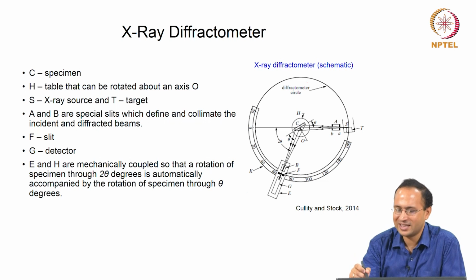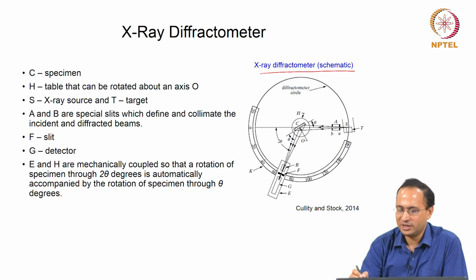Again, let us look at this schematic of an X-ray diffractometer. You basically have this diffractometer circle where you have the tube, sample and detector, and they can rotate. C is your sample, somewhere here in the middle.